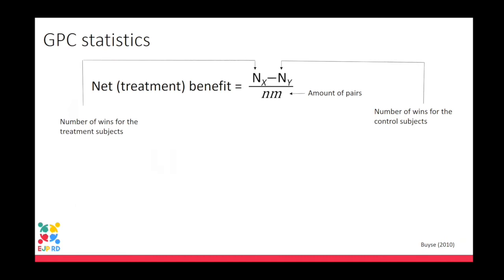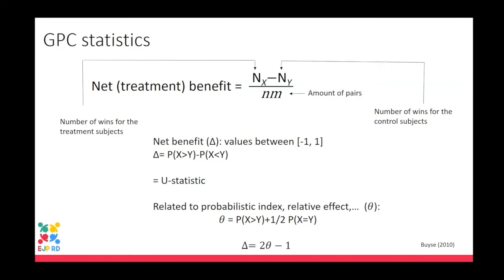And with those, we can construct statistics such as the net benefit, or the net treatment benefit, I should say. And if you take that difference and divide it by the number of pairs that you have, we actually have a statistic that has values between -1 and 1. And that is very convenient because that means that if the net benefit gives you a value above 0, that means you're better off with the new treatment than the comparator.